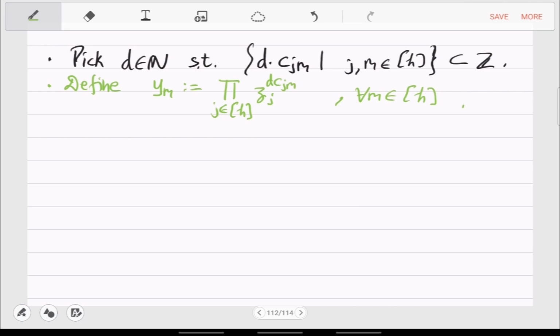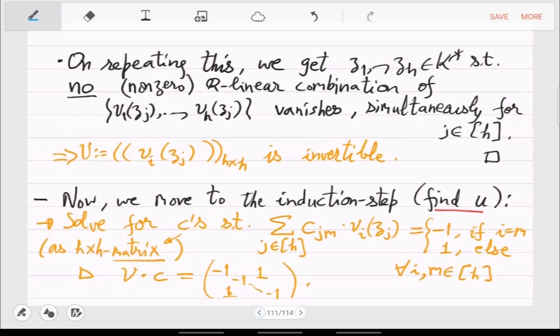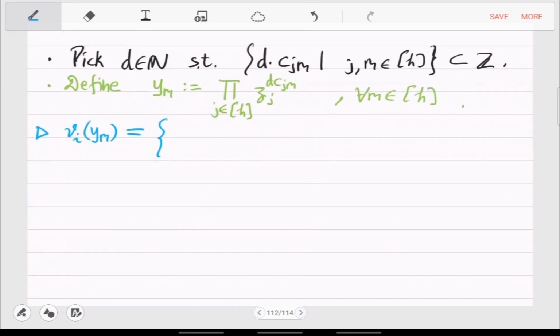And let's record its valuation. So what is the valuation of ym, vi(ym)? By this property which we wrote, you should be able to deduce that the valuation of ym is -d, since the -1 becomes -d, and the +1 becomes +d, if i is equal to m, otherwise.